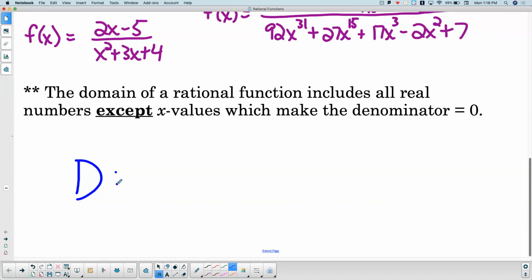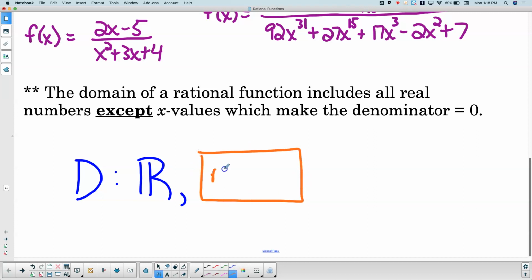Then I'm going to say that the domain is all real numbers with certain exceptions, or certain conditions, and I'm going to list all of those conditions. Like in the first one, 1 over x, the domain of that is all real numbers, except x cannot be 0.